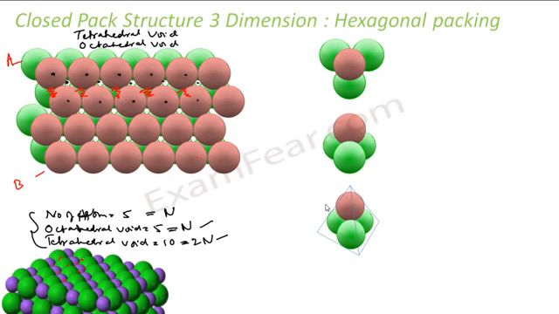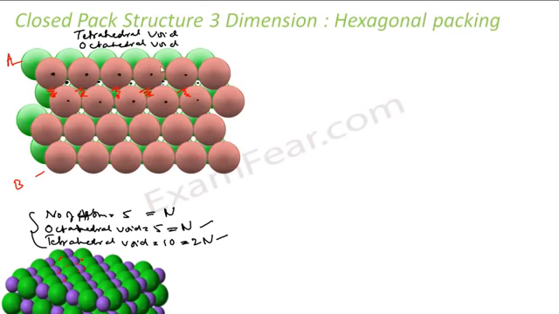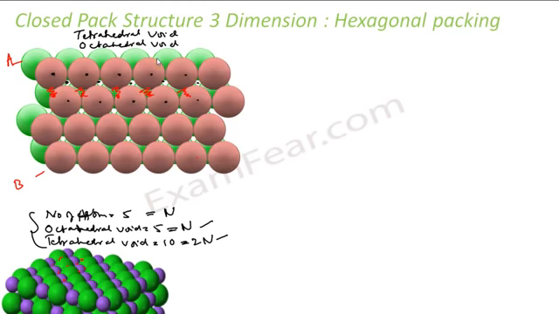Now let's talk about the octahedral void. Now if it is the octahedral void, look at this area. Look at maybe 3 green spheres here. On this, we will put the red ones like that, 3. Correct? 3 green in this triangle and then 3 red in this triangle, and that will form octahedral void.